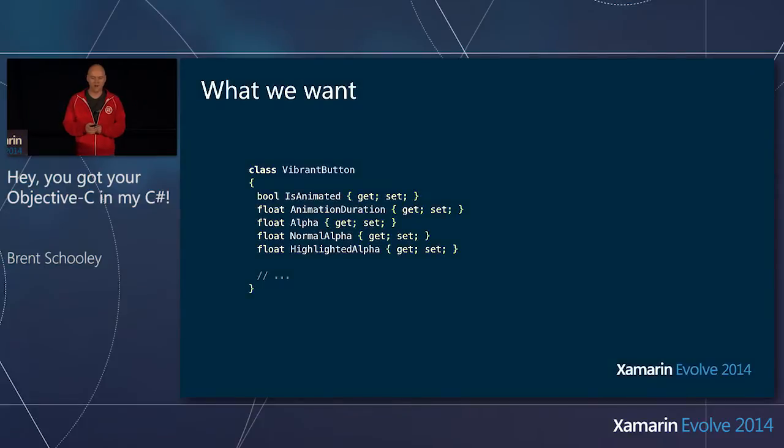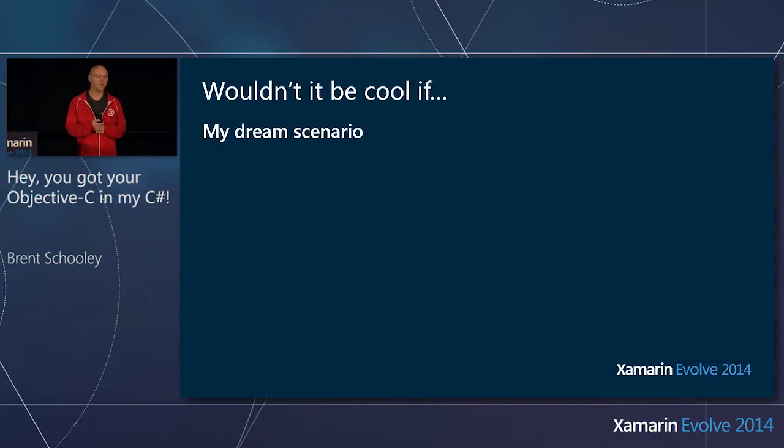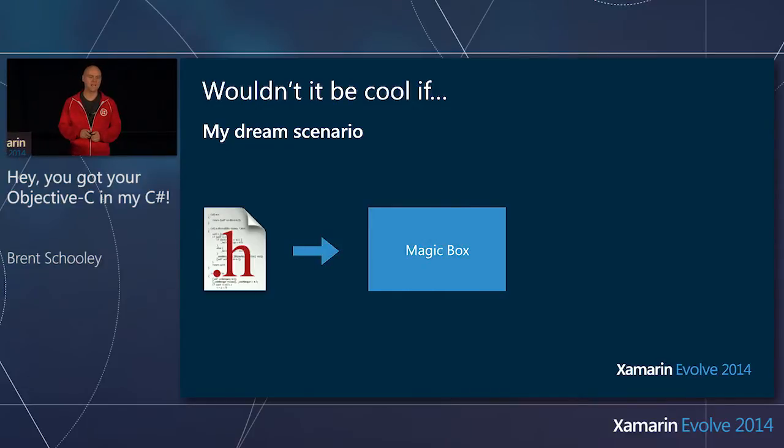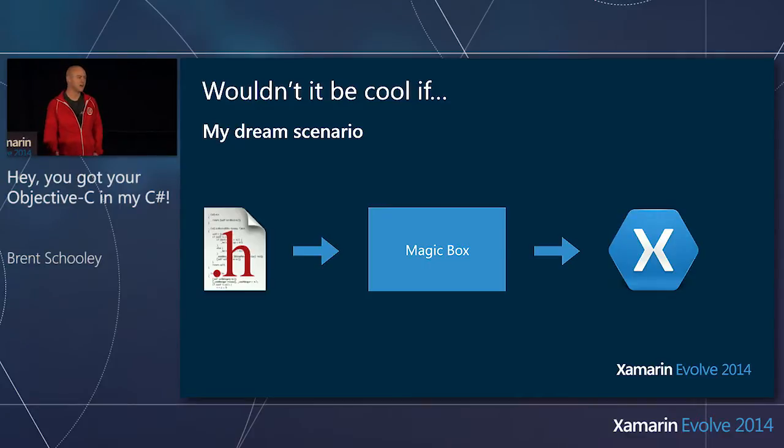What we kind of want is something a little more like this, more sane names, property syntax that we're used to. We can drop the namespacing because we have namespaces. So that's kind of like what we want out of this thing. So I thought, wouldn't it be cool if, sort of in a dream world, if I could take some Objective-C header, pass it through some magic box, and out would come a file in C# that I could use in Xamarin.